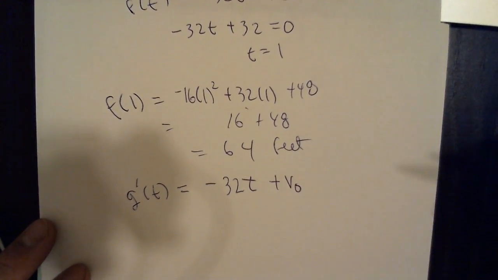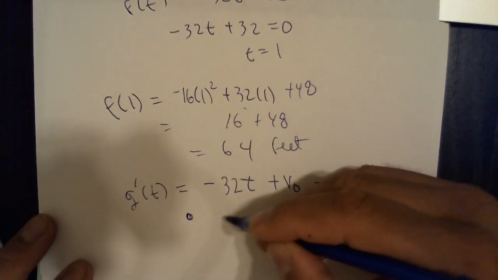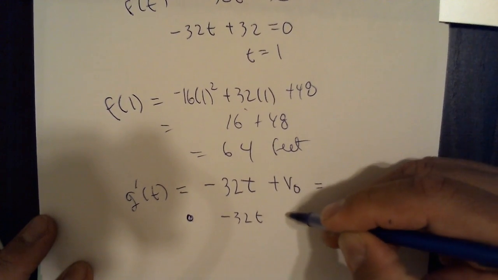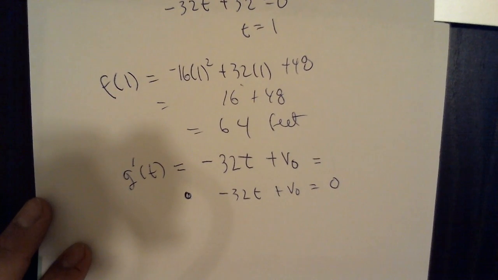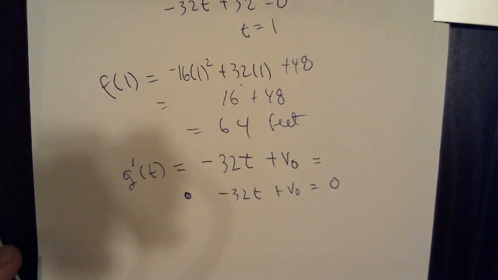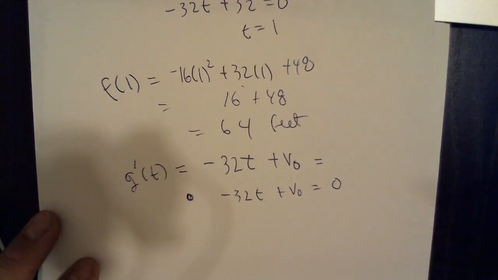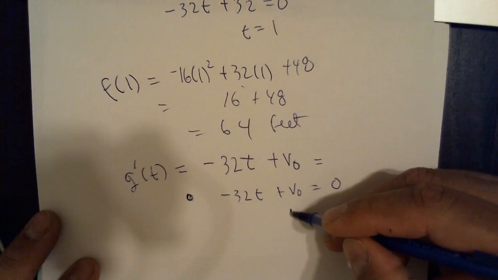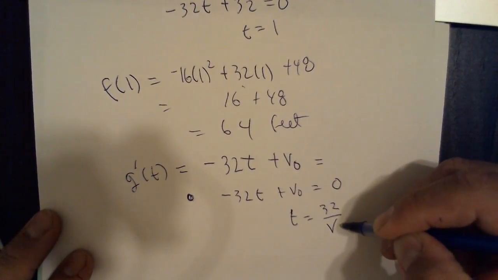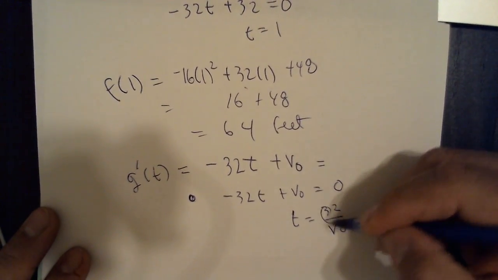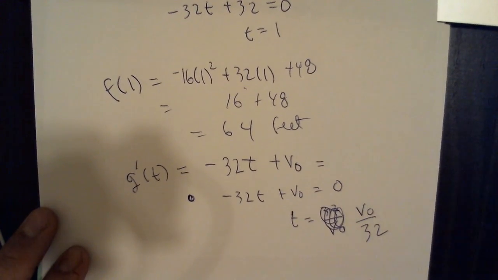I want to find out when this equals 0, and I'll solve for the time. Again, v0 is still going to be part of my equation for now. I have to find v0, and I'll find it in the next step. Solving for t, I'll get v0 over 32.